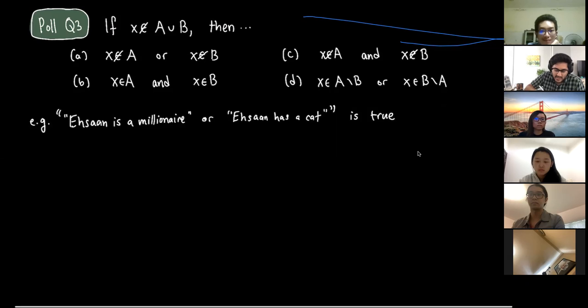Because the first one isn't correct, but the second one is correct, and only one of them has to be correct for an or statement to evaluate to true.